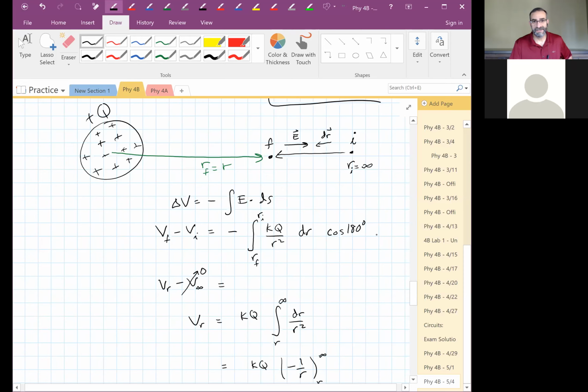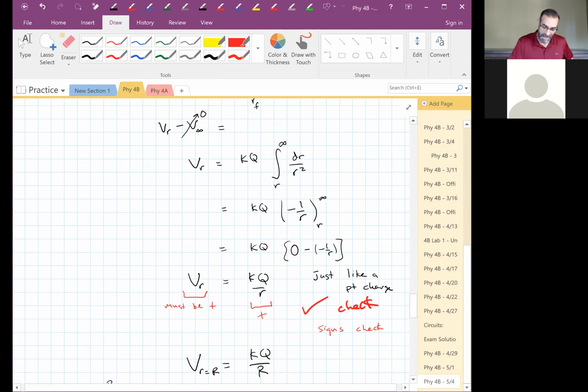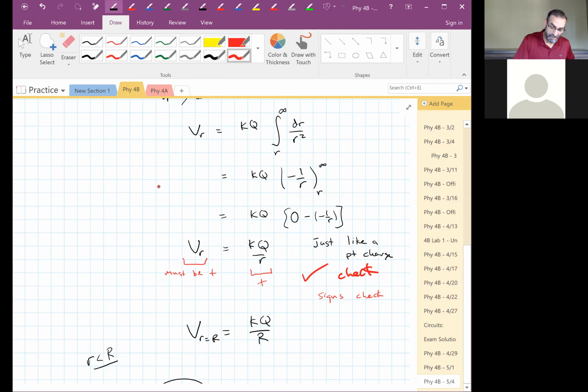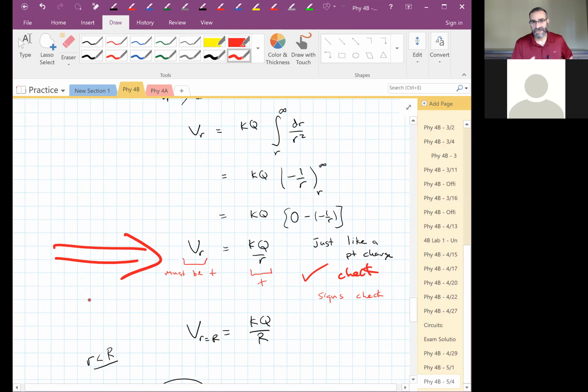See, I told you, it's very tricky to get these minus signs right. Try to get them all right, and then at the end, make sure you got them right. Make sure it makes sense. Fix it if you didn't.